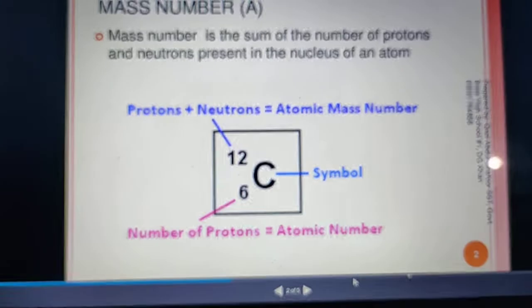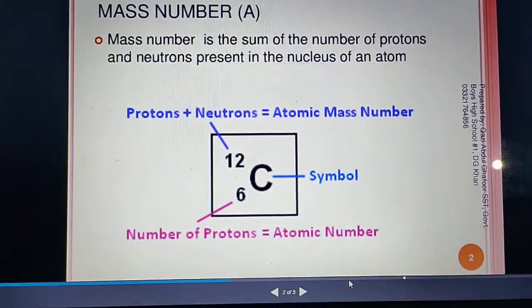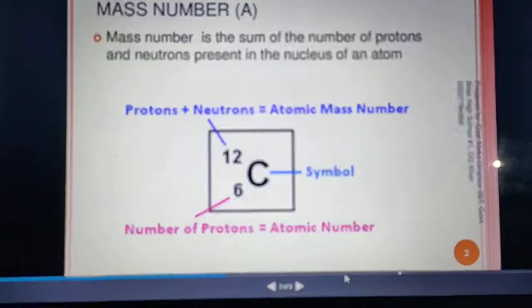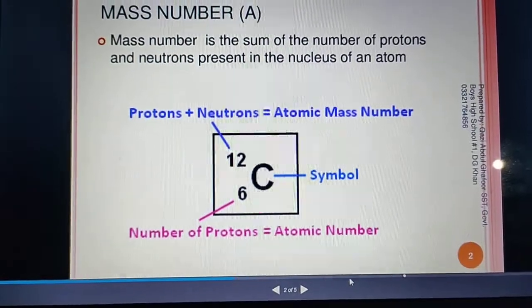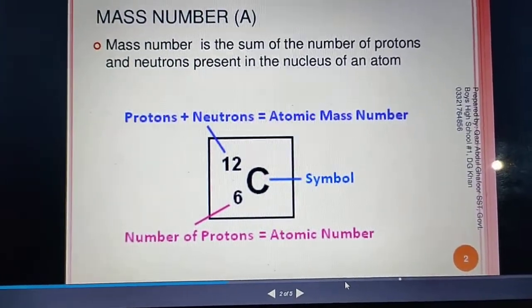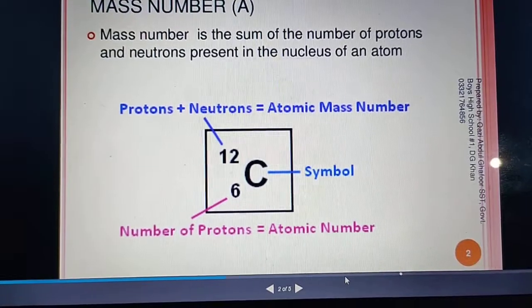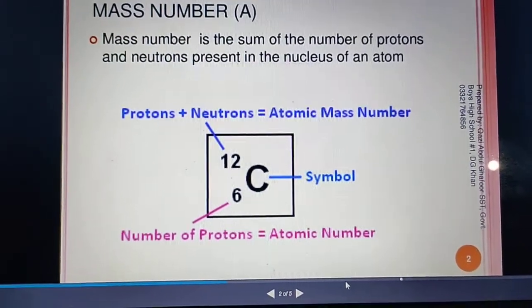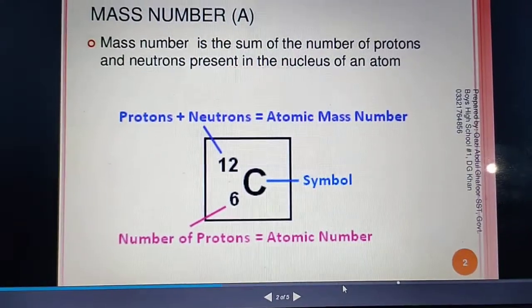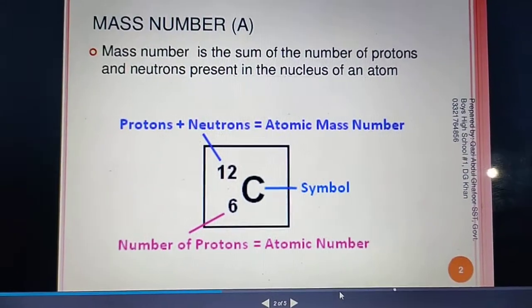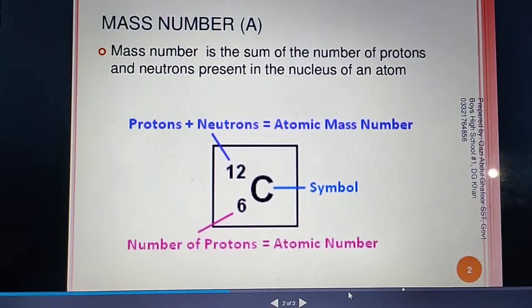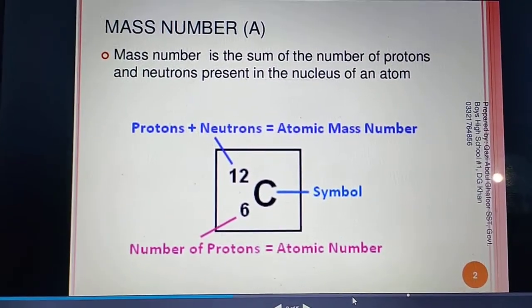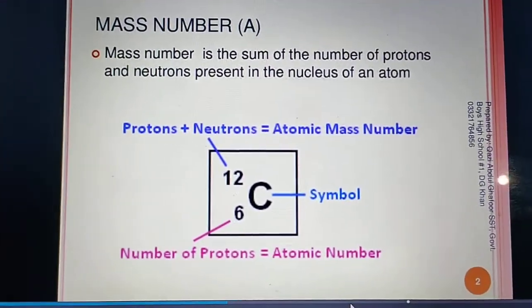So if a symbol is given, say carbon, in the subscript the atomic number is written and in the superscript the mass number is written. So atomic number is 6. If atomic number is 6, then the number of protons is equal to the number of electrons, which is 6, as we know that an atom is electrically neutral.